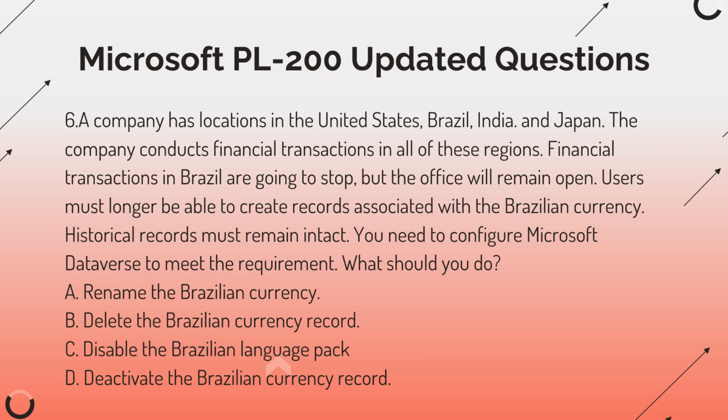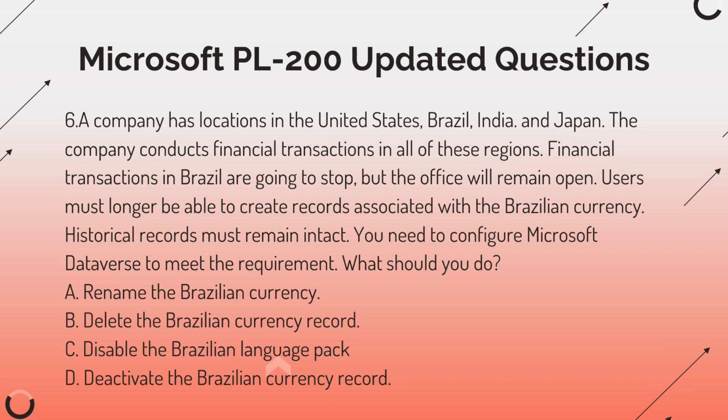6. A company has locations in the United States, Brazil, India, and Japan. The company conducts financial transactions in all of these regions. Financial transactions in Brazil are going to stop, but the office will remain open. Users must no longer be able to create records associated with the Brazilian currency.